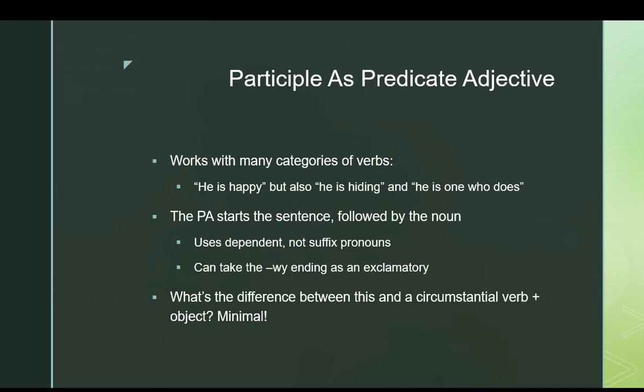And what's particularly interesting about this is that the predicate adjective begins the sentence, because that's how predicate adjectives work, as you may remember. We learned that quite a while ago. Then followed by the noun. So you have a verb followed by a noun about something that someone is doing, especially if it's in the present tense, something that someone is currently doing.